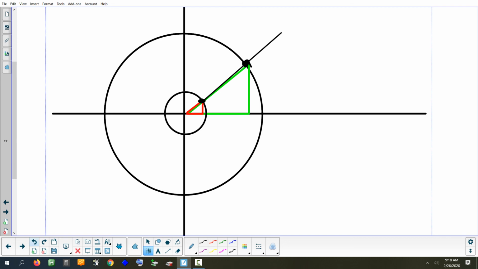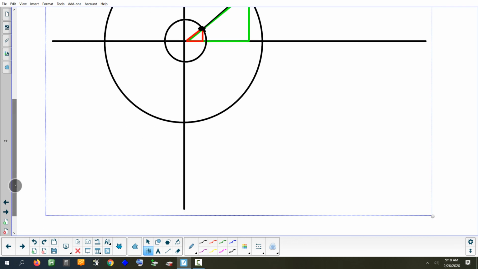The only thing you have to take into account is that you're not on a circle of radius 1. You have to take into account how big of a circle you're on now. That's the extra step, finding the radius of that bigger circle. All right, so let's look at a pattern here.